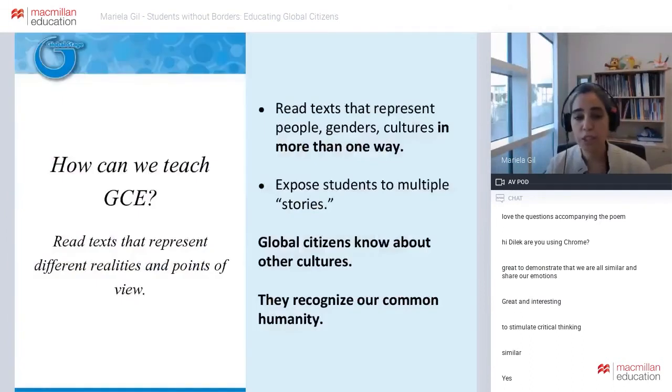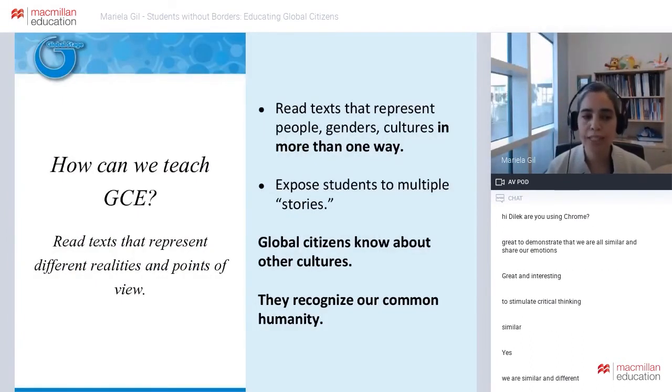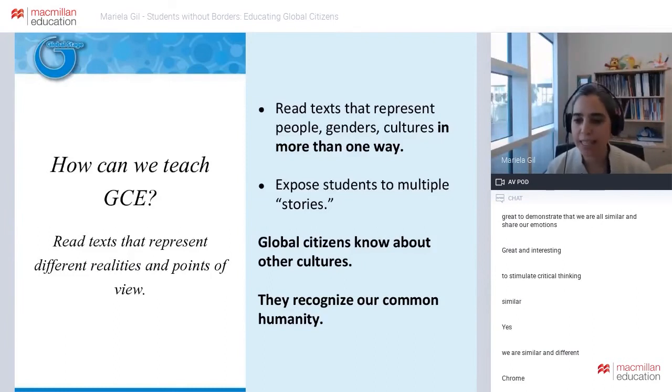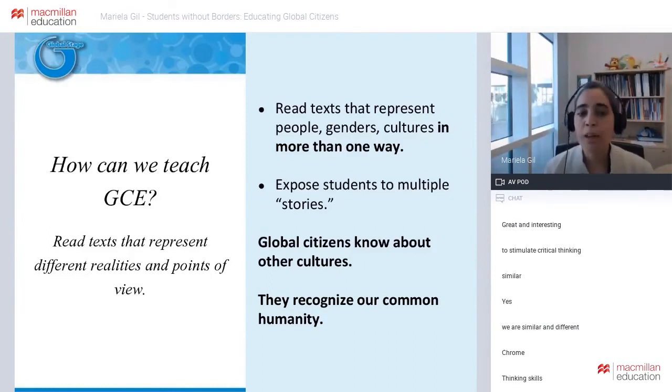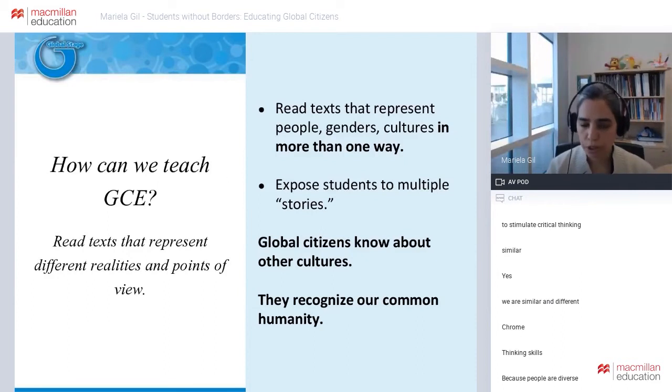So when you teach a text, read texts and show your students texts that represent different realities and different points of view. Represent cultures, genders, peoples in more than one way, because yes, people are diverse. Expose children or students to multiple stories. Why?